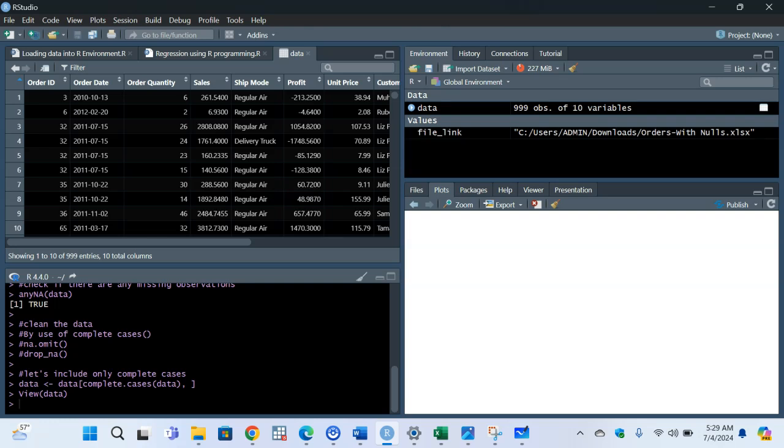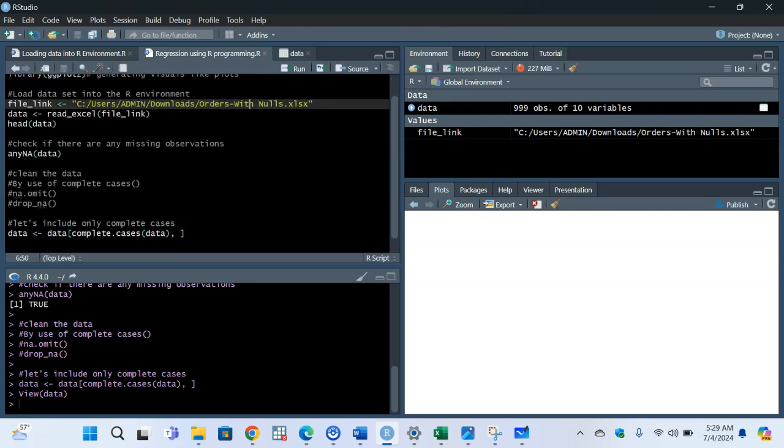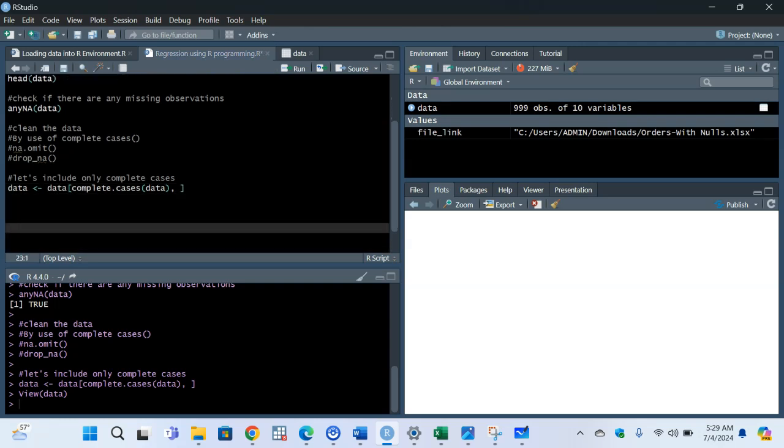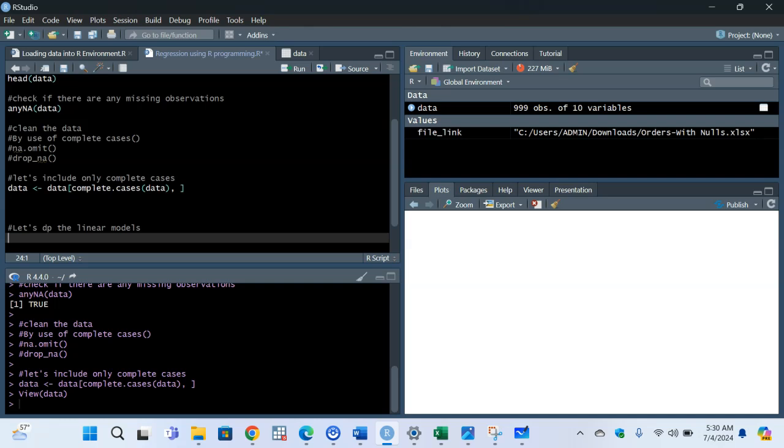So how do we do that? We go back to our code and say let's do the linear models. And before I proceed with the linear models, the reason why I introduced hypothesis testing is we are trying to create a hypothesis that, from the general knowledge we know, is that sales affect profits positively. But is that the case? Perhaps we're selling on credit.